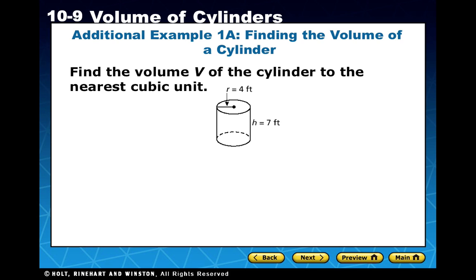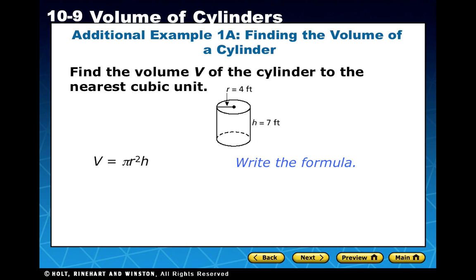Alright, so we're going to find the volume of this cylinder to the nearest cubic unit, so that's the nearest whole number. So we are going to have volume equals big B, base area, times height. So to find the base area, we'll have pi r squared. They don't tell us what to use for pi, so you can use 3.14, you can use 22/7, or you can use the pi button on your calculator.